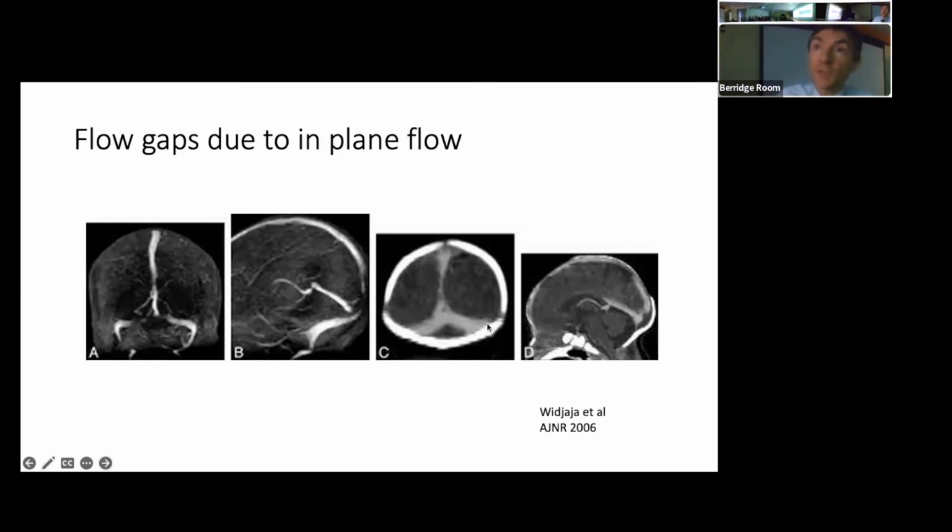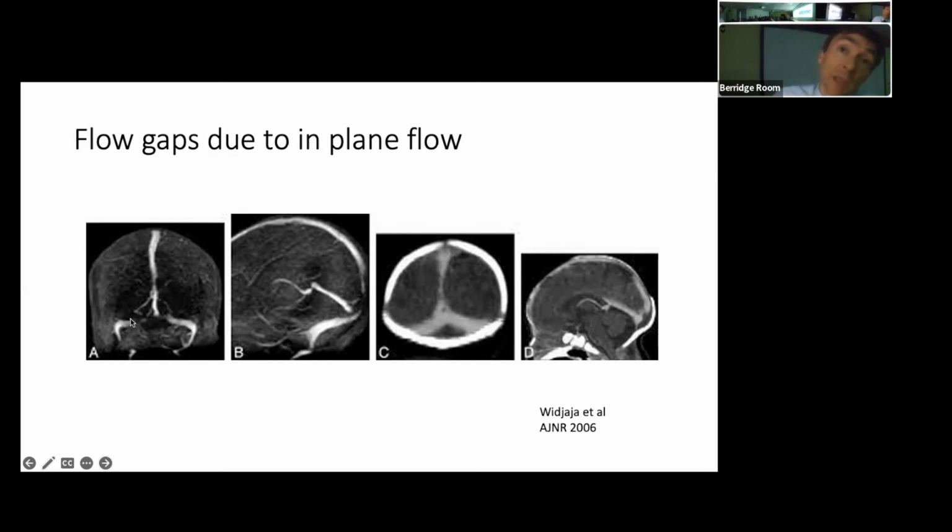But when they did a CT venogram on the same child within a day or two, you can see that the part of the transverse sinus that looked occluded was actually patent on CT venogram. And this is a technical artifact from MR.